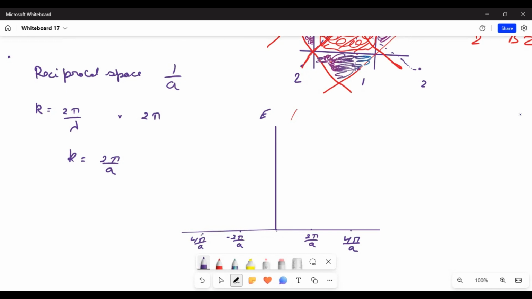Let's say this is the closest point, and half of this is somewhere here. So this is the Bragg plane.